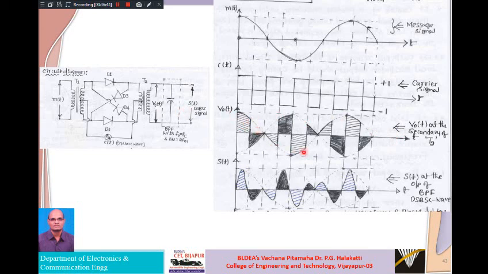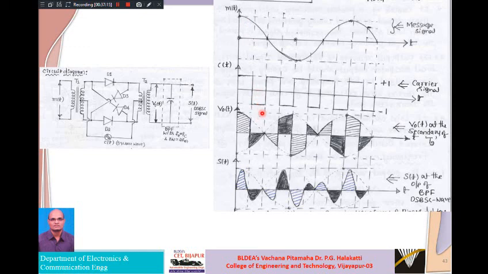So you can draw it like these two overlapped sinusoidals with a dotted line, and only during the positive peak of the carrier we are getting c of t multiplied with plus 1 times m of t. So the m of t shape is coming as it is; multiplied with 1 means this whole portion is coming as it is, m of t.